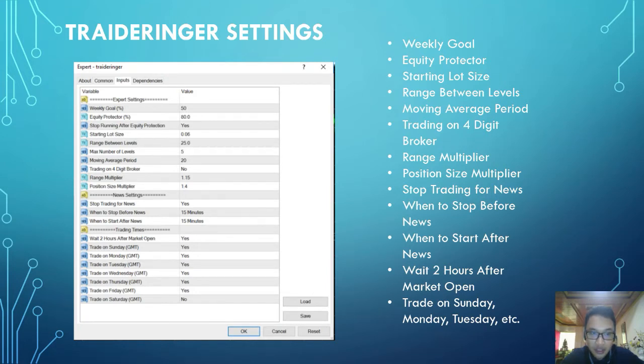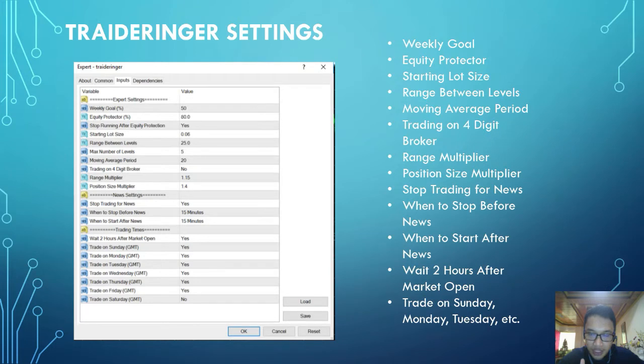Then range multiplier. Range multiplier applies after the second order. So if the robot orders buy 0.06 EUR/USD, and it is having a drawdown of 25 pips, it orders a second order to average the first order.